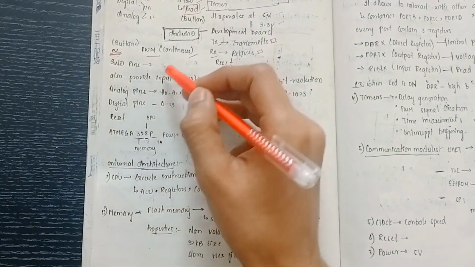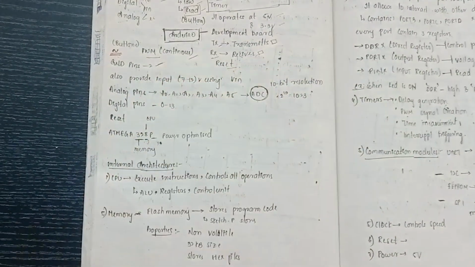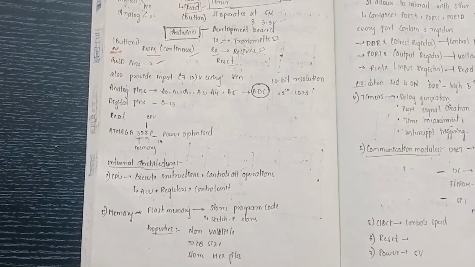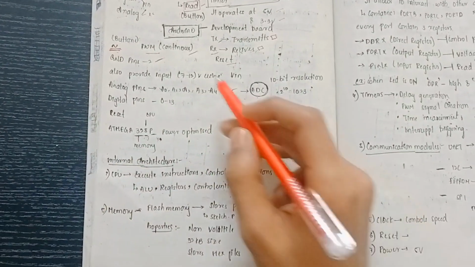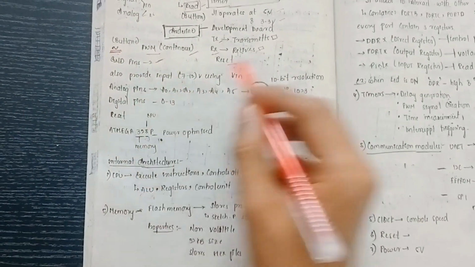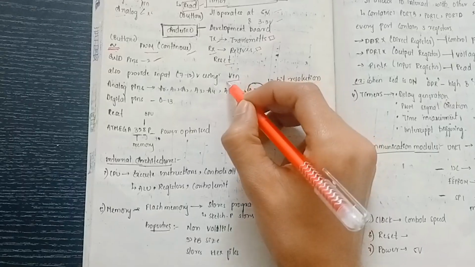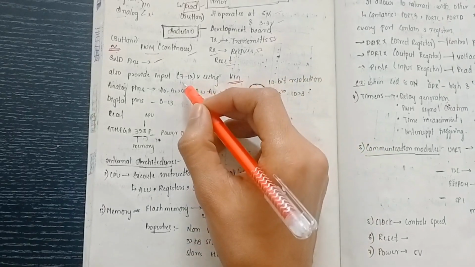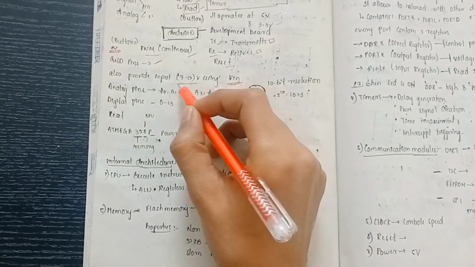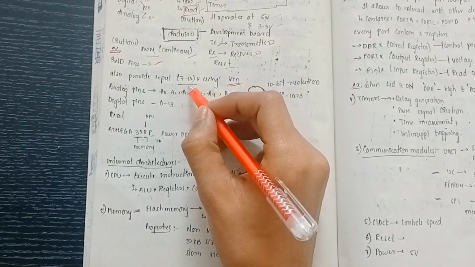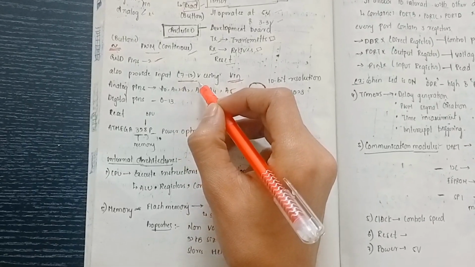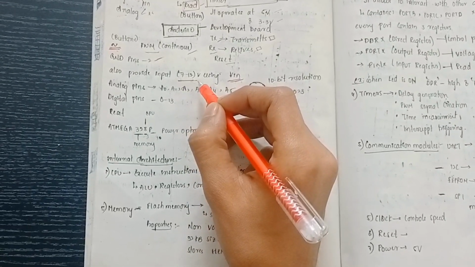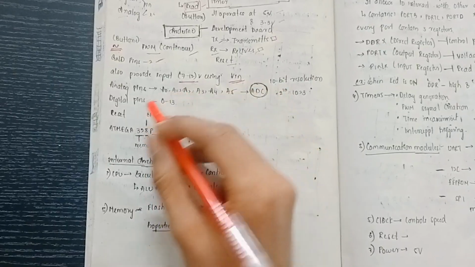We have ground pins, that is 2 ground pins. It also has a Vin input voltage pin which would give 7 to 12 volts for the Arduino board.